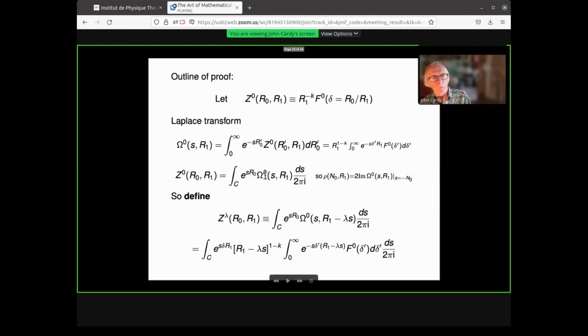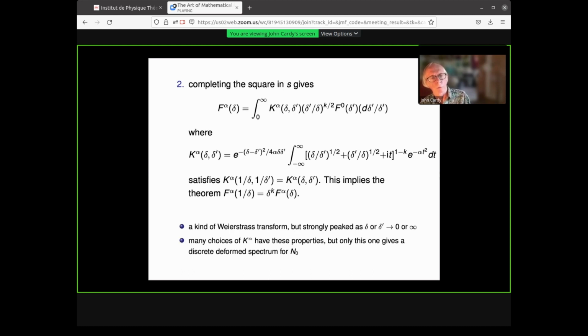And I won't go through the proof, which basically involves writing everything in terms of Laplace transforms and proving that you can differentiate everything under the integral sign.